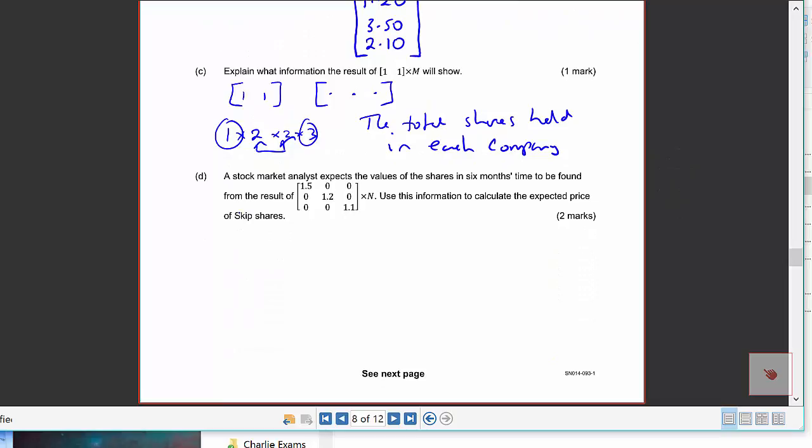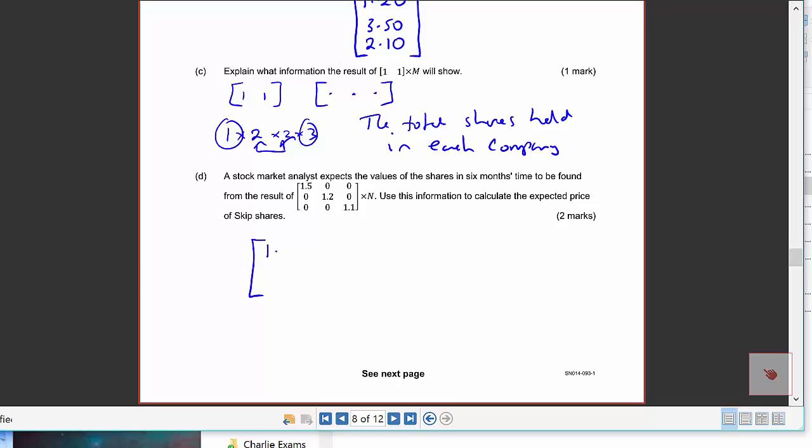So finally, a stock market analyst expects the values of the shares in 6 months' time to be found from the result of this L times N. Use this information to calculate the expected price of Skip shares.